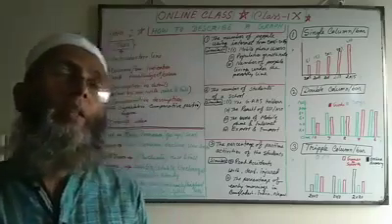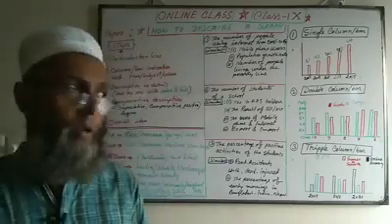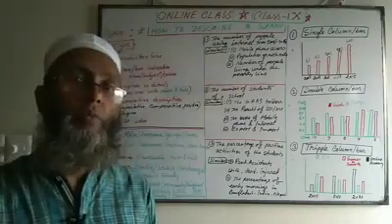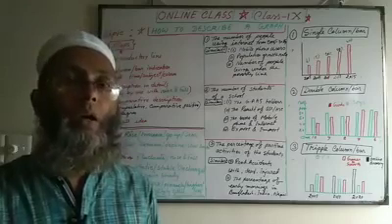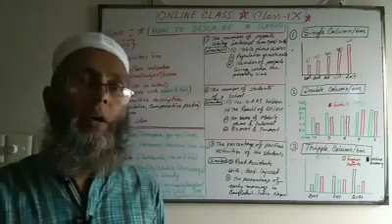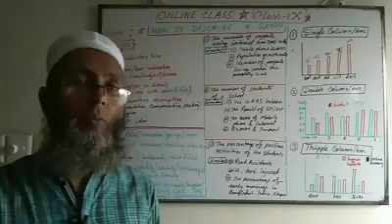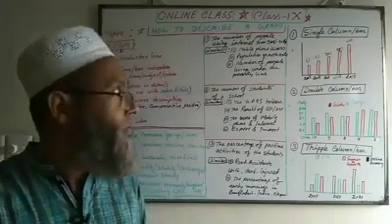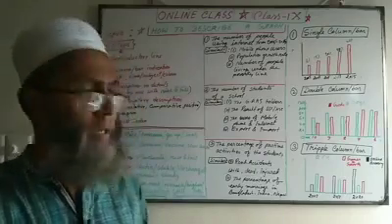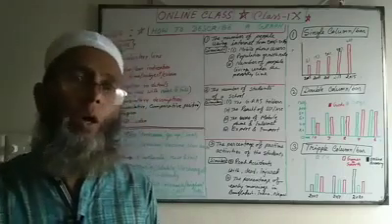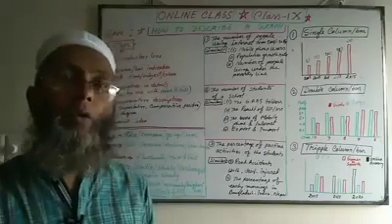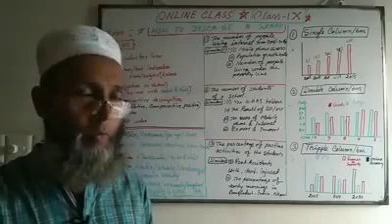You know that in the previous class I discussed the types of graphs and charts, and you knew that there are mainly 4 types of graphs and charts. Among those, today I am trying to illustrate the methods or the way how to describe a graph.